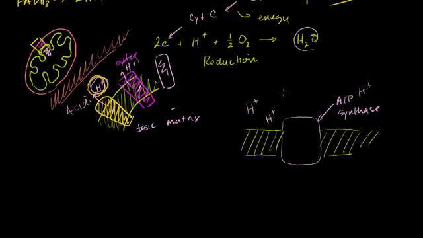All of these protons, really, all they are is a proton, really want to get back into the matrix down here. They really want to get back down into the matrix, but they can't. This membrane is impermeable to them, so they have to find a special way to get through. They go back in through these special protein complexes. Now they're going to go back into the matrix through ATP synthase.